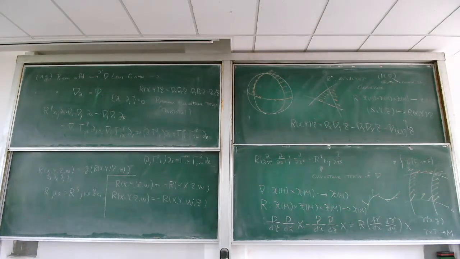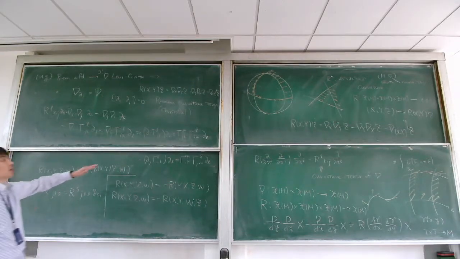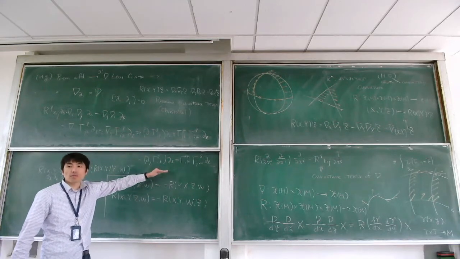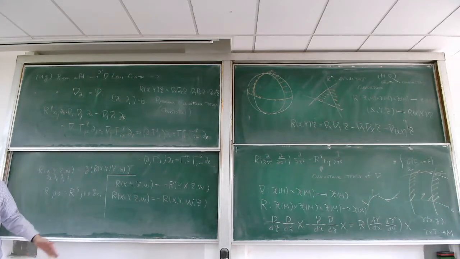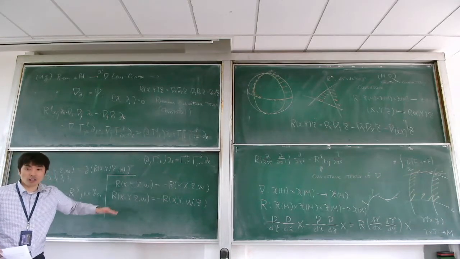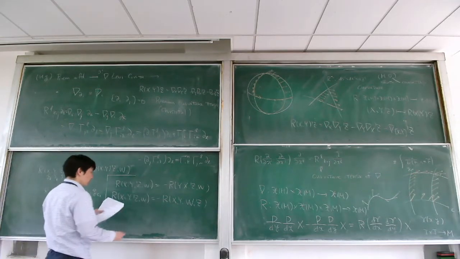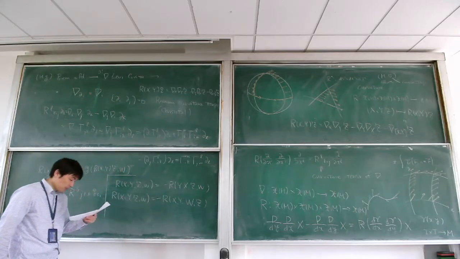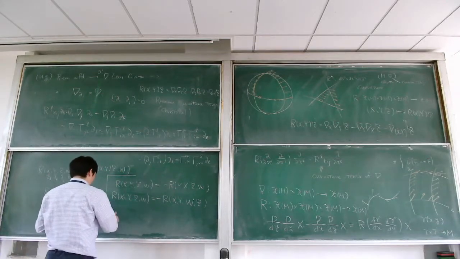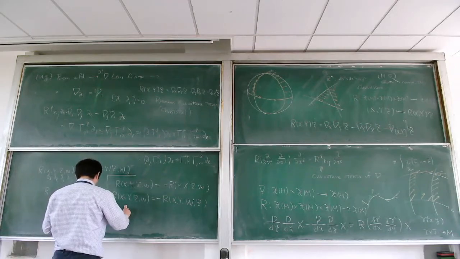This is not that straightforward. Yeah, not that straightforward. One has to use the metric compatibility and so on. I mean, it's always a good idea to use the definition of Christoffel symbol or Levi-Civita connection. So you need to use the Levi-Civita connection property. But in fact, this will be an exercise for you to show all the identities.